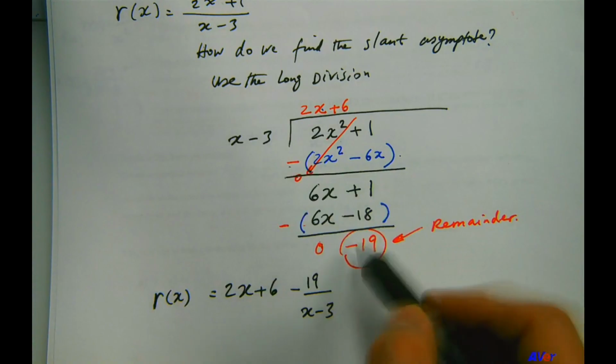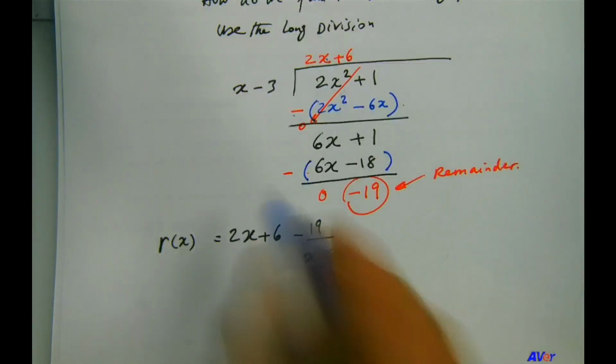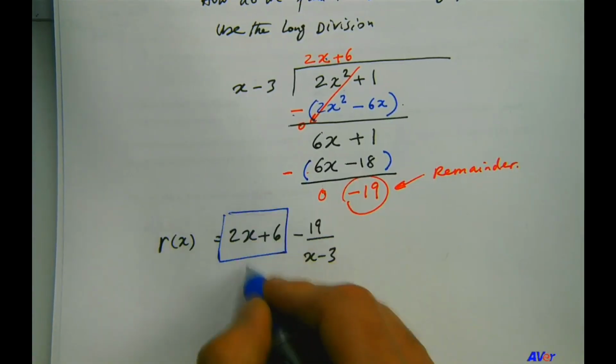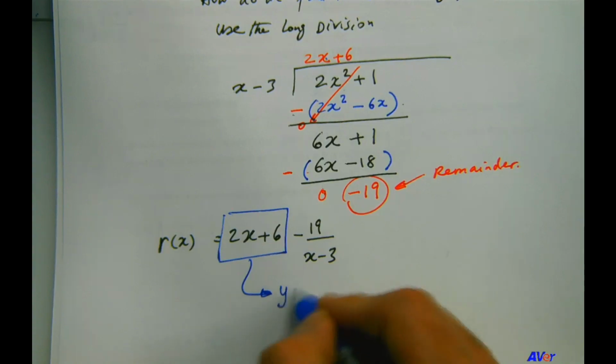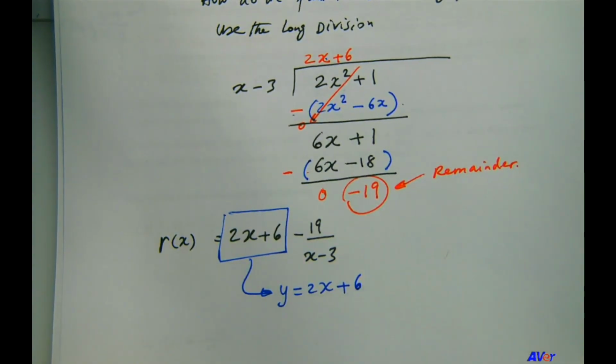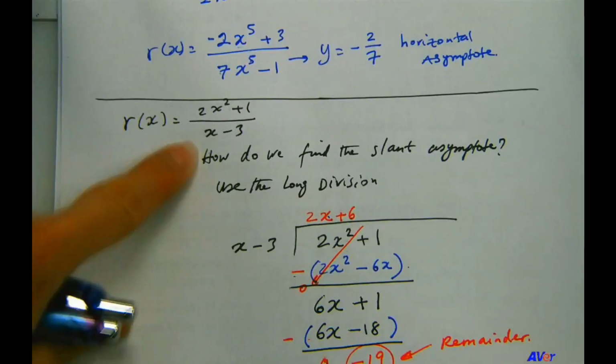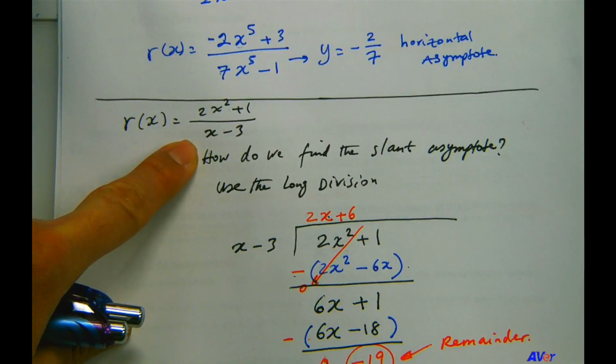That's our remainder, minus 19 divided by that. Now, this linear piece, y equals 2x plus 6, okay, is a slant asymptote for this rational function.